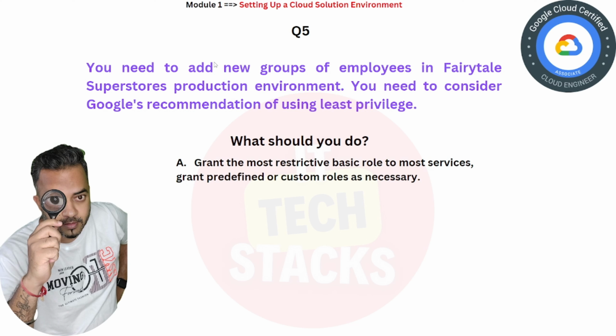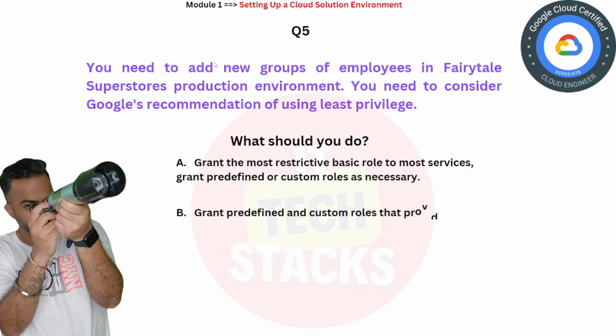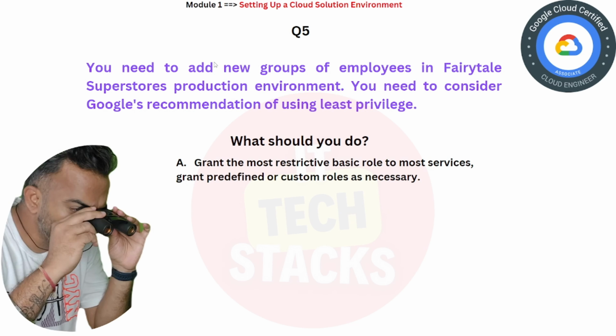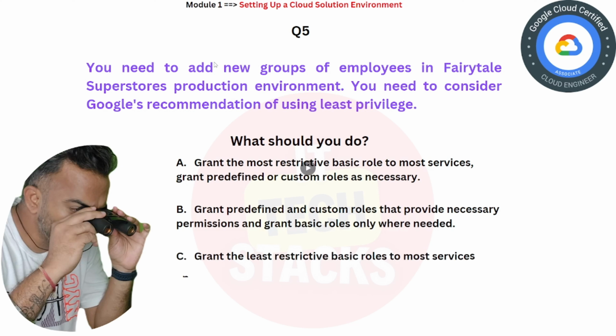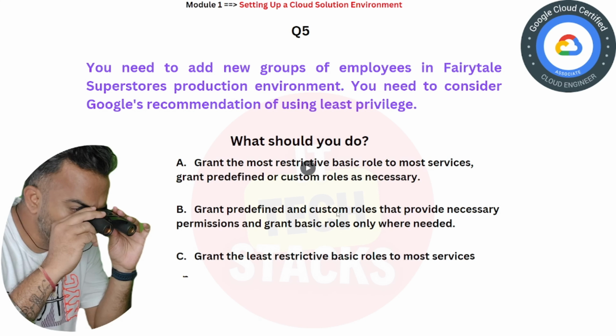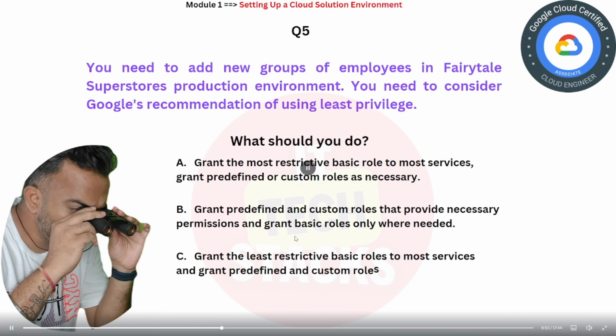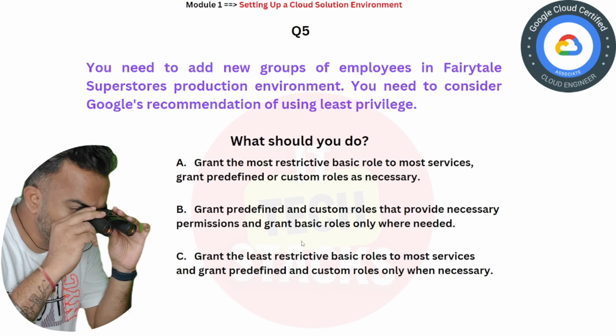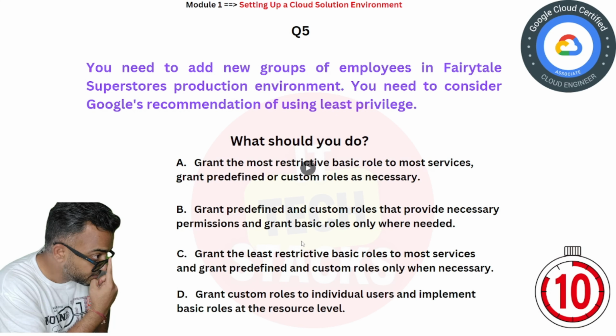Option A, grant the most restrictive basic role to most services, and grant predefined or custom roles as necessary. Option B, grant predefined and custom roles that provide necessary permissions, and grant basic roles only where needed. Option C, grant least restrictive basic roles to most services, and grant predefined and custom roles only when necessary.